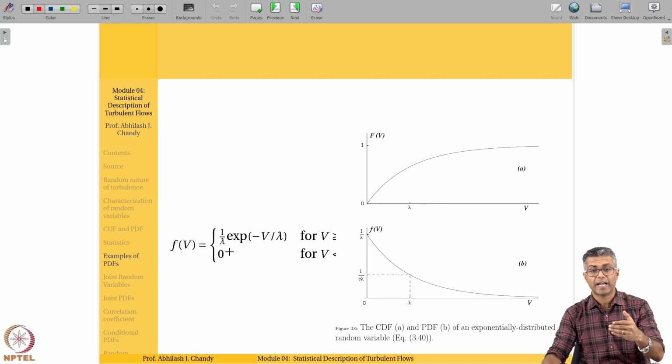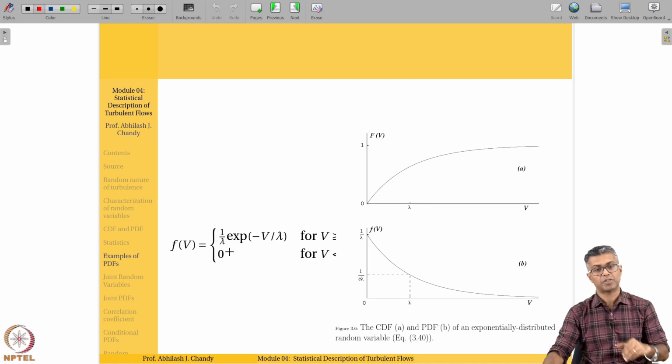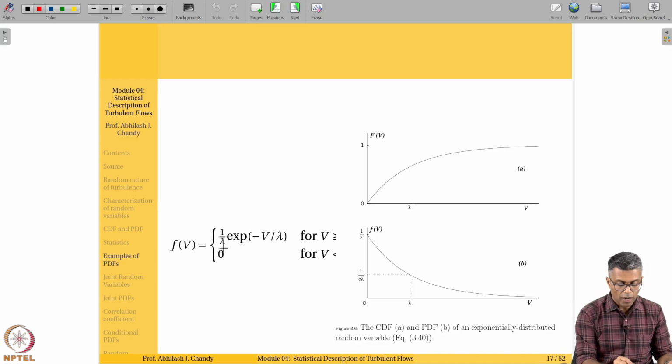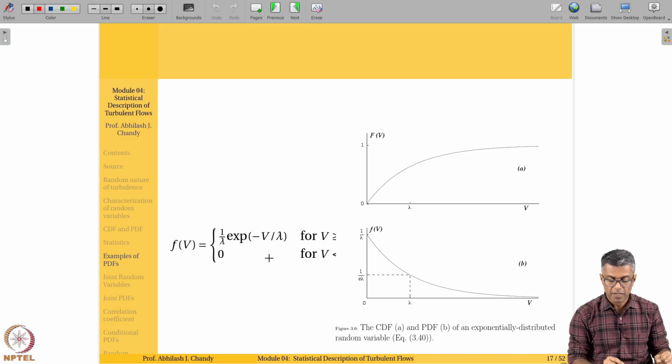Now, if I take an exponentially distributed random variable, this is again very different. Here, it is 1 over lambda exponential minus v over lambda for v greater than or equal to 0, and for v less than 0, it is 0. So here I have something that goes like this, again from 0 to 1.